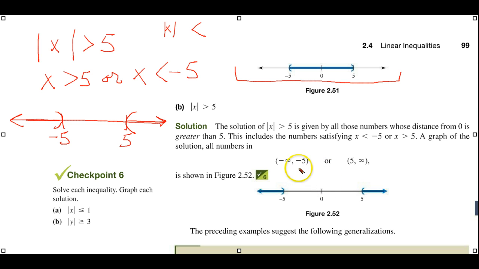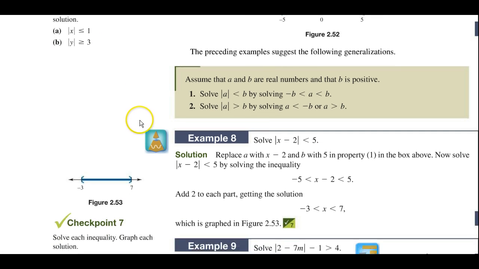And this is written in interval notation, coming from negative infinity up to negative 5, parenthesis. Now there's this space. They're using the word or. Often we'll use the symbol for union, and then starting on this end, 5, comma, positive infinity. Okay, they're going to give us a summary here in just a moment. And we see it here.